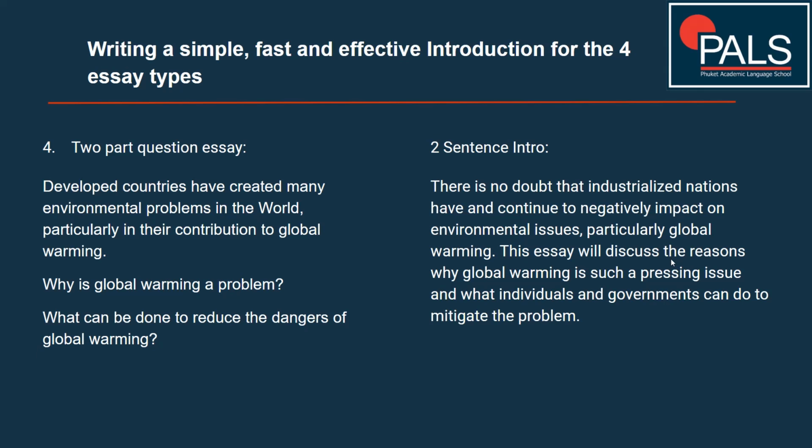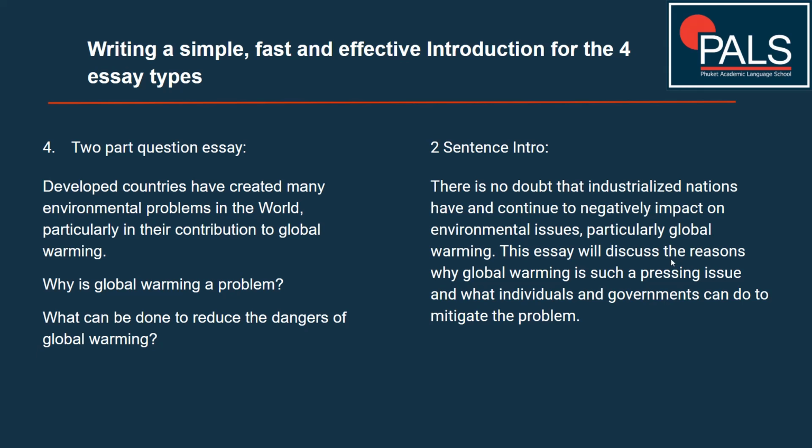Often the word mitigate is used with problems. Very useful for IELTS Writing Task 2. Mitigate the problem. What can the government do to mitigate the issues? Okay, what can the individual do to mitigate the problem of global warming? Mitigate the problem of traffic congestion, mitigate the problem of smoking among young people, whatever, drug use, anything.